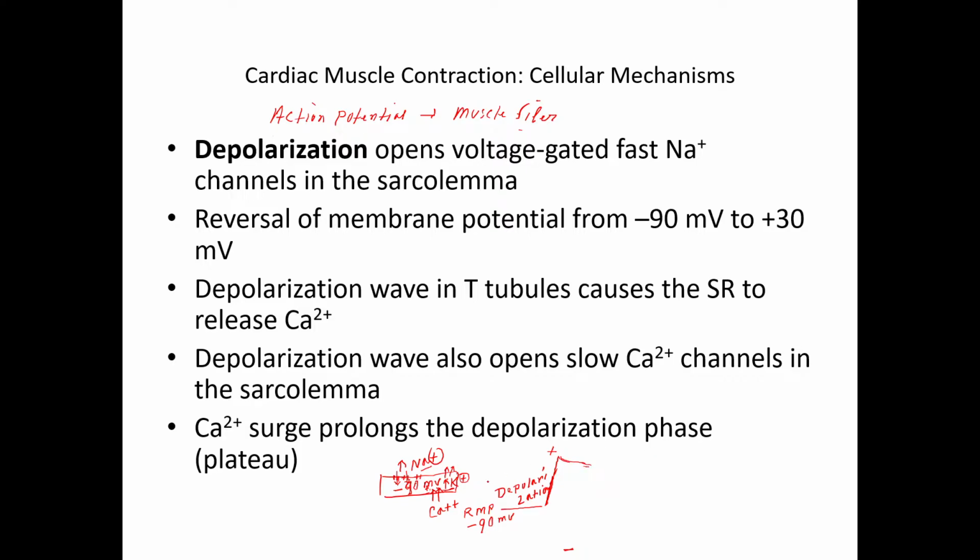Okay, then calcium channels will get closed, but more potassium channels will get opened and more potassium will get out. So what will happen now? Only potassium is getting out, right? So positive is only getting out. So the membrane potential or voltage inside the fiber will move towards the negative, because positive is getting out.